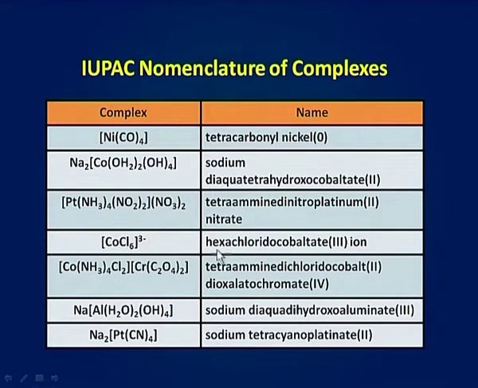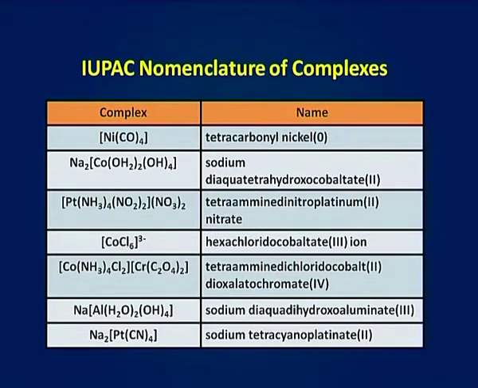This complex will be named as hexachloridocobaltate(III) ion. There is another complex in which the anion and cation are both complex ions. The name of the coordination compound will be tetraaminedichloridocobalt(III) dioxalatochromate(III).